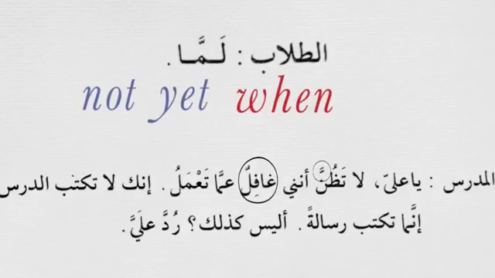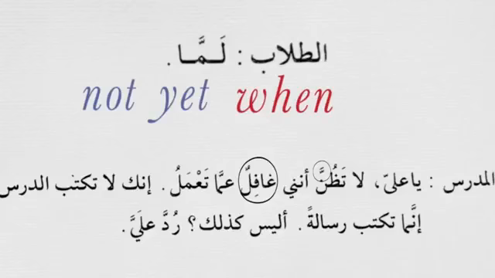So any three-letter fa'il, if you take ذهب يذهب ذاهب, ضرب يضرب ضارب, any three-letter fa'il will have this pattern of ism fa'il. Wajada yajidu wajidun. So all these are ism fa'il. So here it says, don't think that I am ghafilun, means unmindful, that he is not paying attention, or he is like heedless.